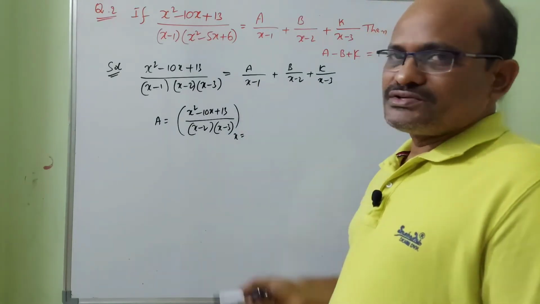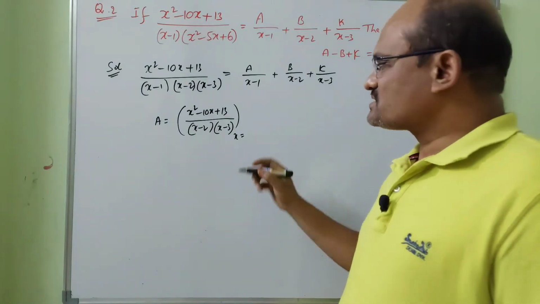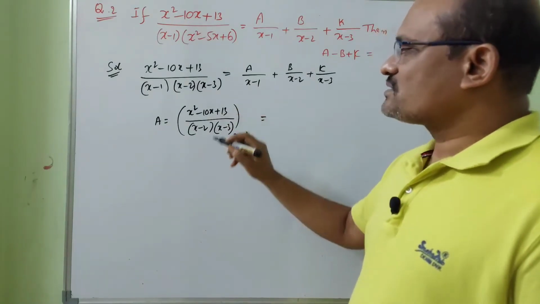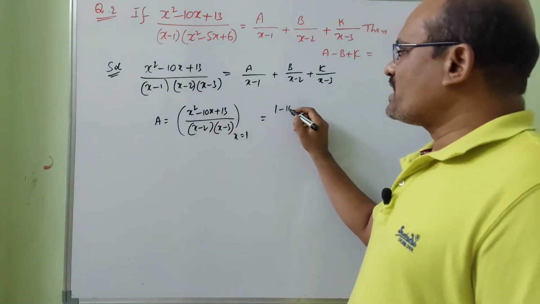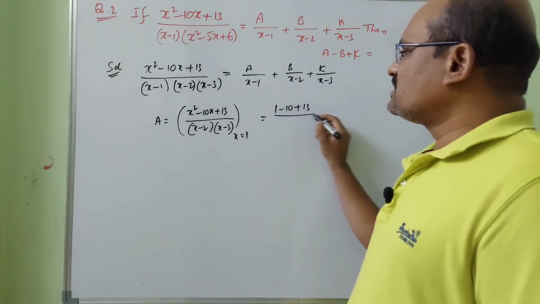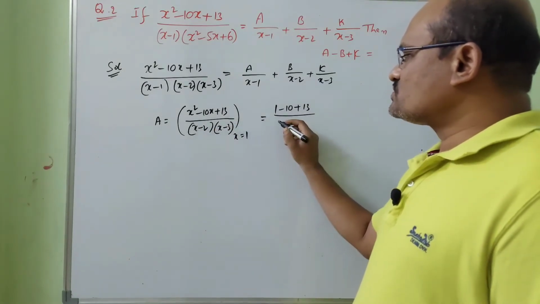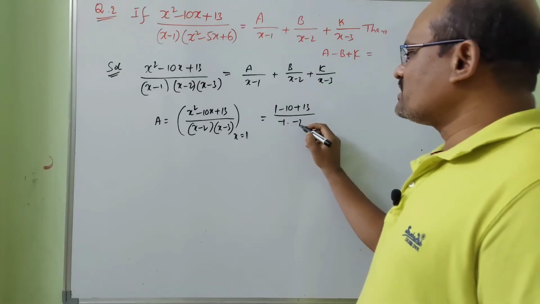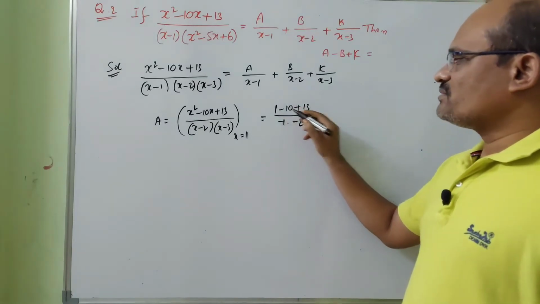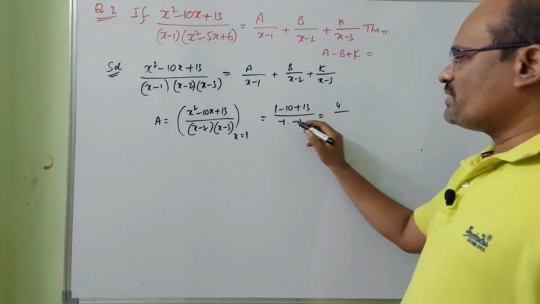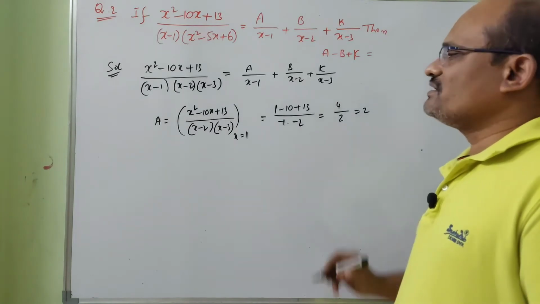X minus 1 equal to 0 means the proper substitution is x equal to 1. Substitute x equal to 1, you will get 1 minus 10 plus 13 by 1 minus 2, minus 1 into minus 2. So, you will get 14 minus 10 is 4, 4 by 2 is 2. The value of a is 2.